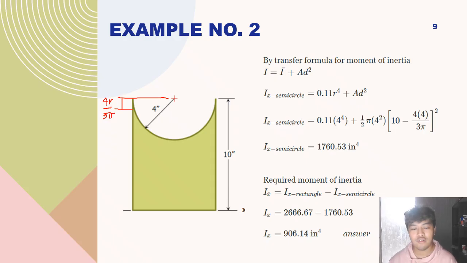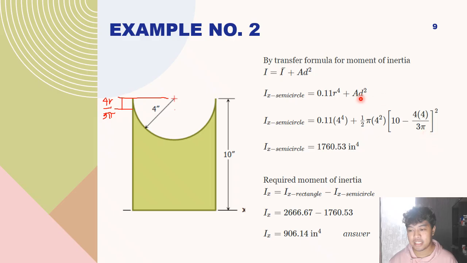To compute the distance to the centroid of the semicircle, we subtract 4r over 3 pi from the 10 inches total height of the rectangle. So we have 10 minus 4r over 3 pi, so 4 times our radius, 4 inches, over 3 pi.